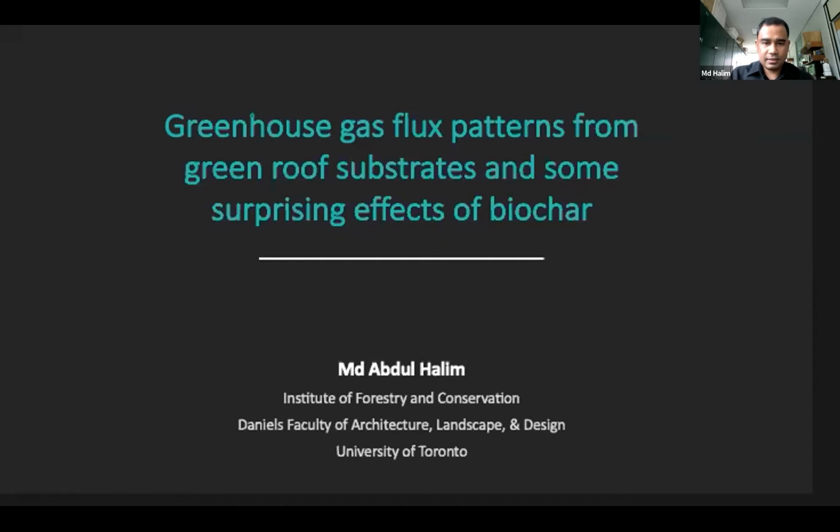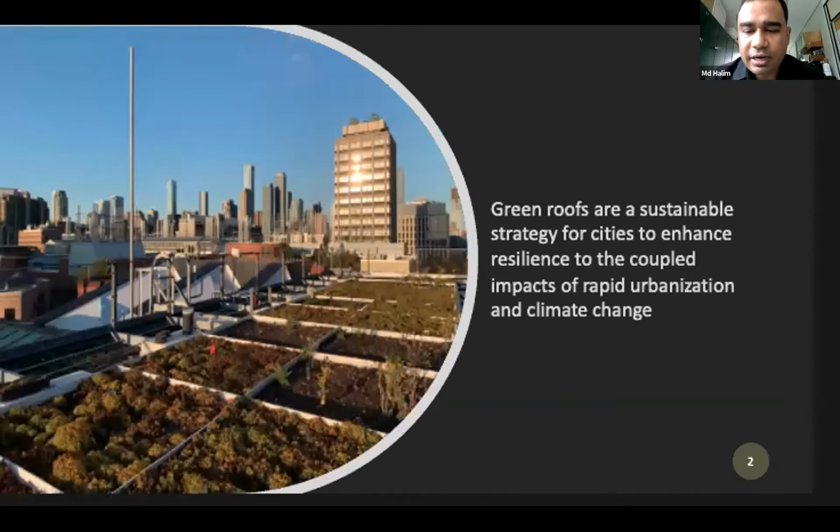All right, so green roofs uniquely combine people, building, and environment, and are a sustainable way to make our cities climate smart. They offer several ecosystem services that are critical, but otherwise lost from rapid urbanization.